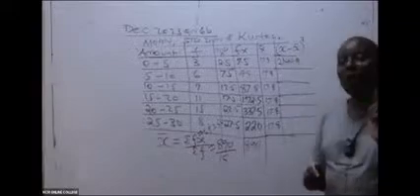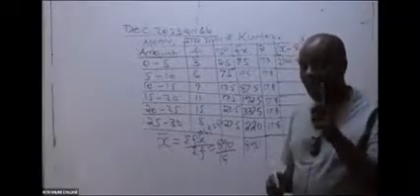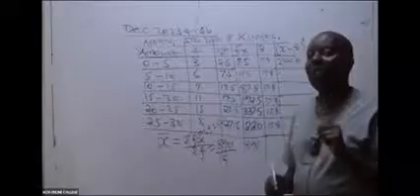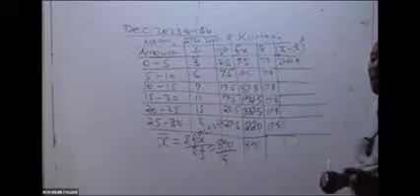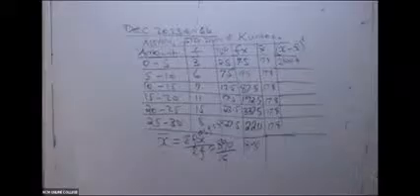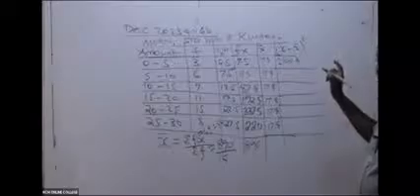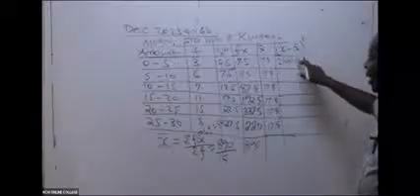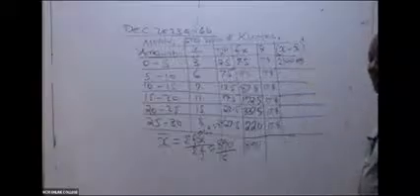Positive, because anything squared will always be positive. Even if you're using a bad calculator and you're getting a negative, ignore that negative. Thank you so much. Is it 0.9 or 0.09? I think it's 0.09, right? Please confirm.